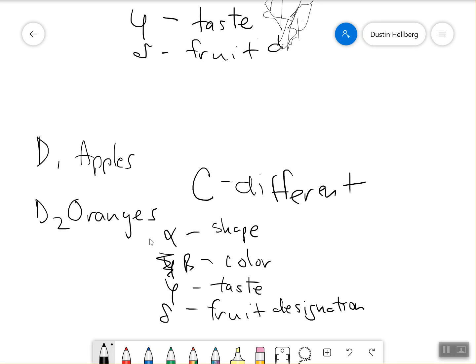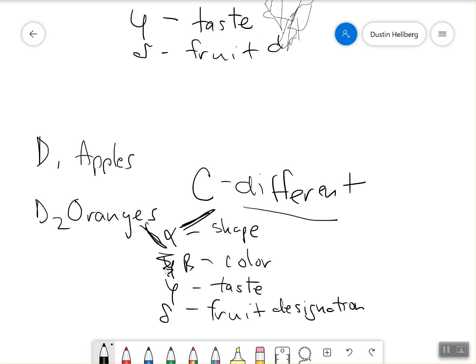Topics generally come from observation. They are different from the claim. Are apples and oranges different in regards to their shape? If they are different in shape, then it supports this claim.